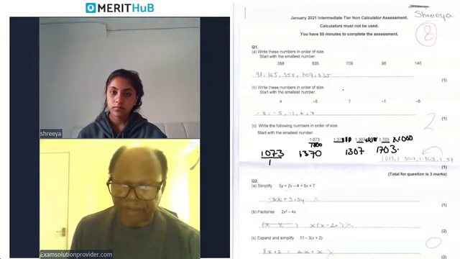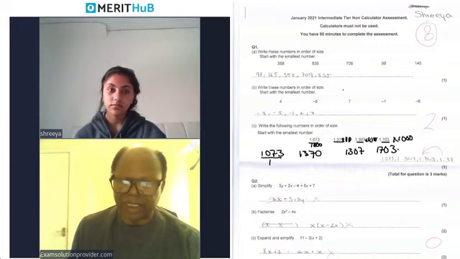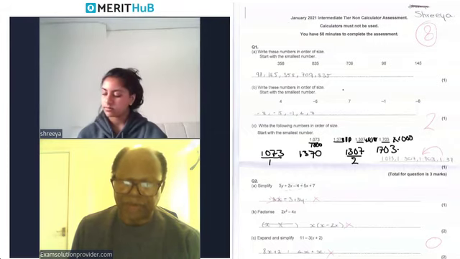This is 3 after 1. This is 7 after 1. We look at 3, 7, this is 3, 0, this is 7, 0. Which one do you think is the second? The one with 0, 7. Yeah, so this is number 2.